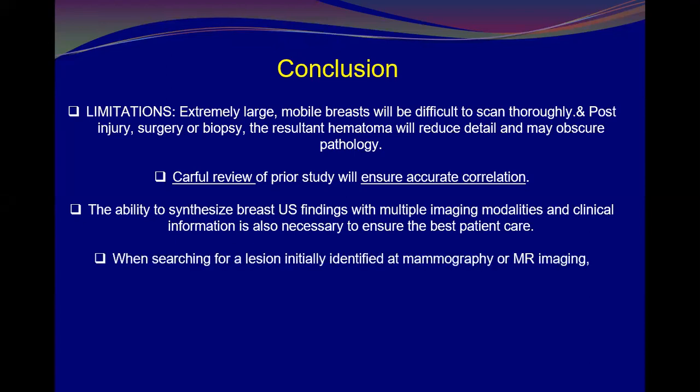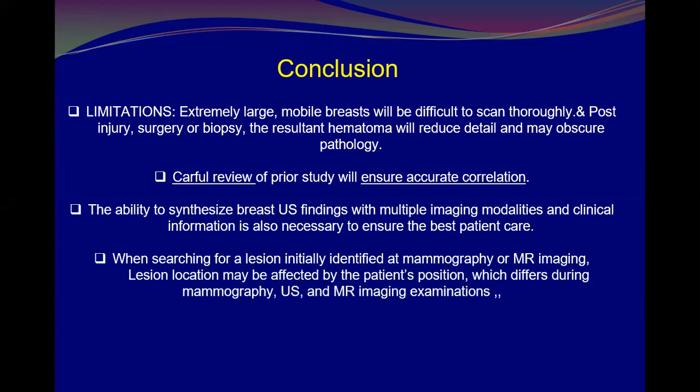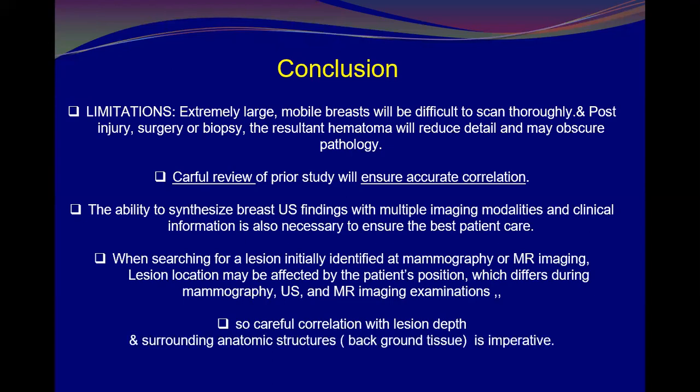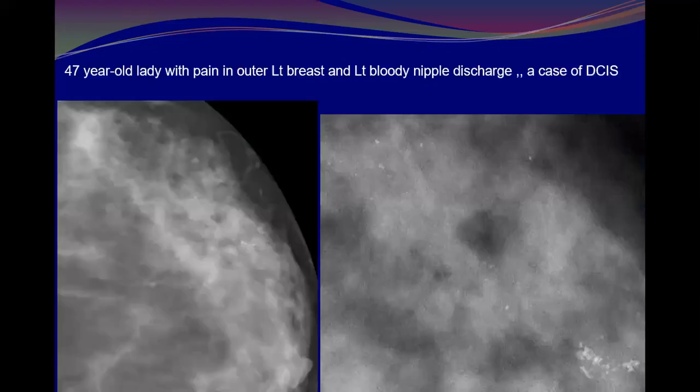And when searching for a lesion initially identified at mammography or MRI, as we mentioned, we have to consider the difference in patient positioning between the techniques, and we have to consider correlation with the depth and the adjacent anatomic structures.